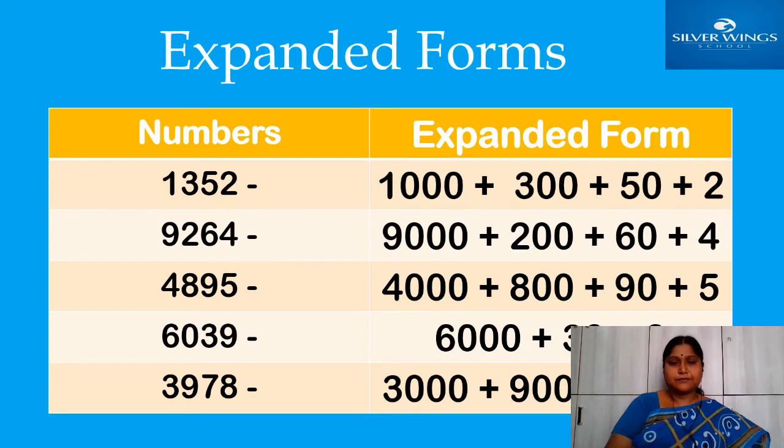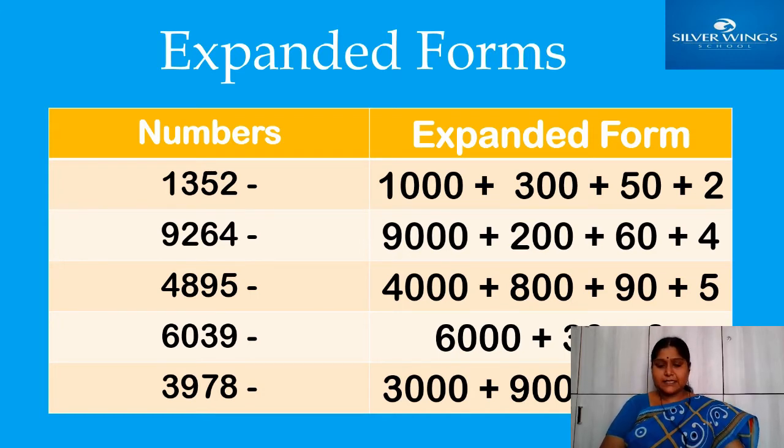Next, expanded forms. This is also very easy. In the previous class I told you about place values. Expanded form of a number is the sum of place values, not places, place values.